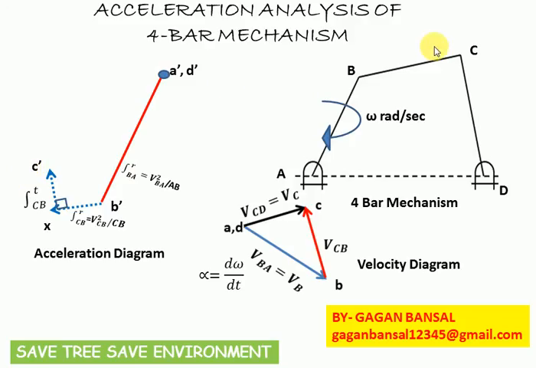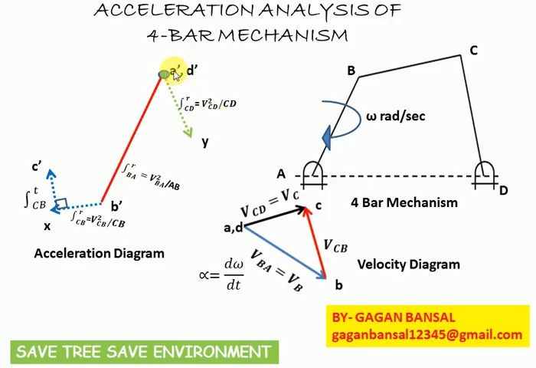So now coming to link CD, acceleration of C, that is total acceleration of point C with respect to D, will be the vector sum of radial component and tangential component. So the radial component of acceleration of point C with respect to D will be along D, and it will be parallel to CD. So from D dash, we'll draw a vector which is parallel to this link CD, and its magnitude will be V square CD upon CD.